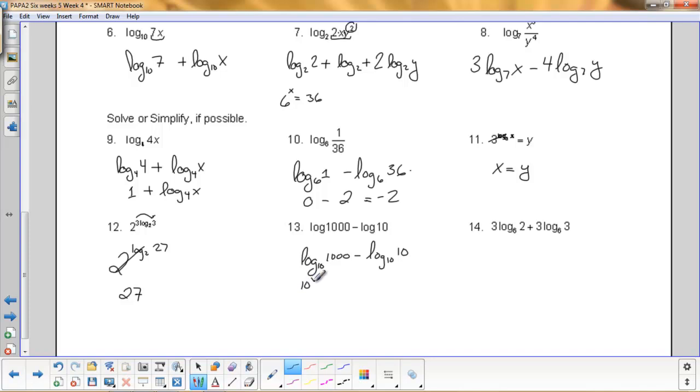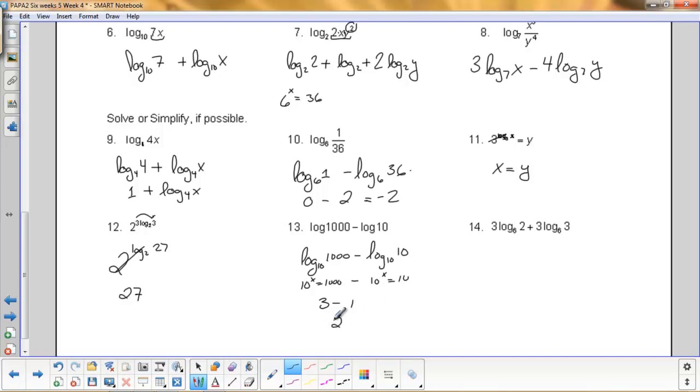So 10 to the x power equals 1,000, and solve for x, minus 10 to the x power equals 10. So the x's are what I'm looking for here, and that's going to be 3 minus 1, which is 2.